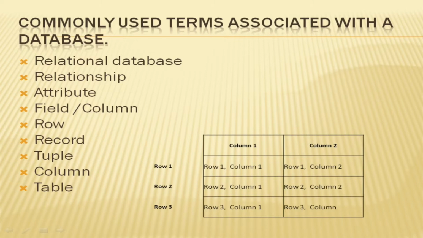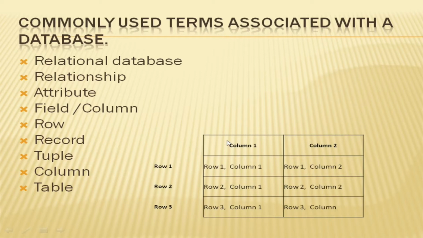A table has a specified number of columns but can have many rows based on the number of records you are saving, right? Just remember that. Alright, just remember that a record, tuple, and row are considered to be the same thing in a database, while field, attribute, and column are considered to be the same thing in a database.